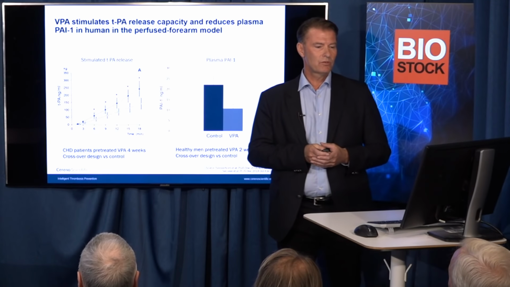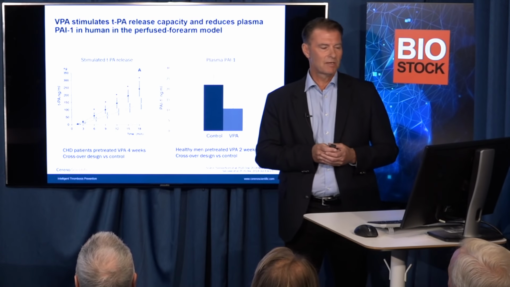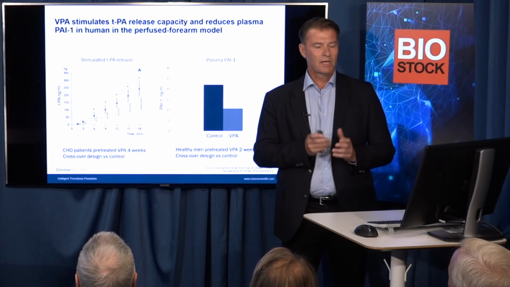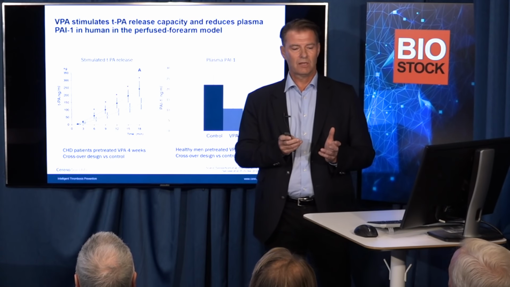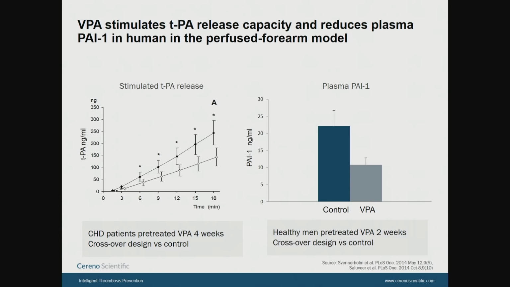Now let's move on to experimental studies in man, and here are 2 pictures, and they show that the substance in our drug has an impact on the 2 biomarkers for infarction or thrombosis. The left picture is a forearm model treated over 4 weeks, and it was documented that we release TPA better if you are pre-treated. It's the top line. So there's more TPA released in the humans.